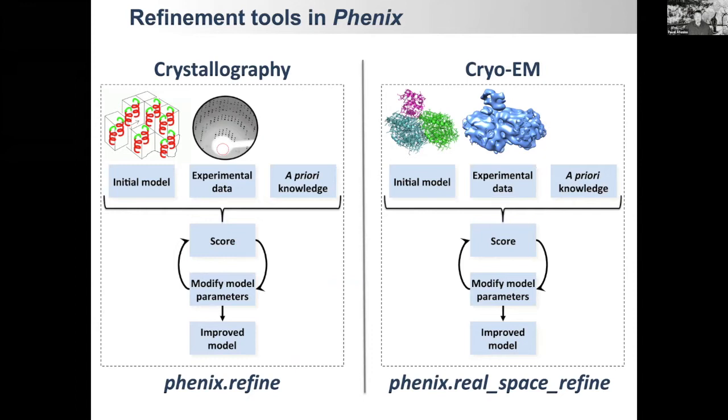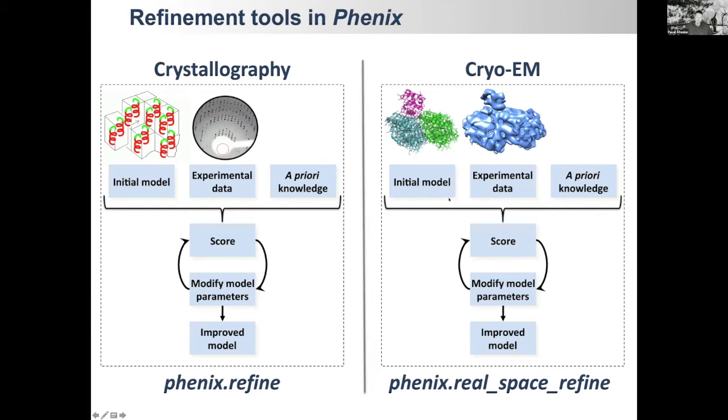The main difference comes in the details of what the experimental data are. In crystallography, the experimental data are diffraction intensities, and in cryo they are the three-dimensional reconstructions. That's the conceptual main difference that makes refinement procedures different between crystallography and cryo, but the scheme remains the same.